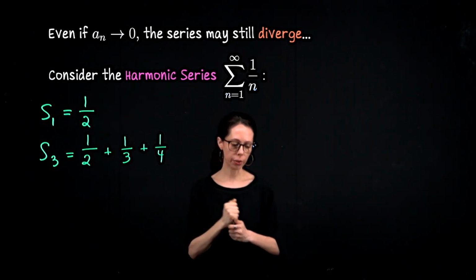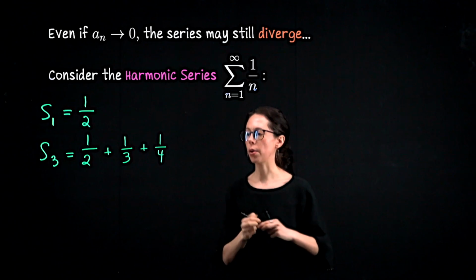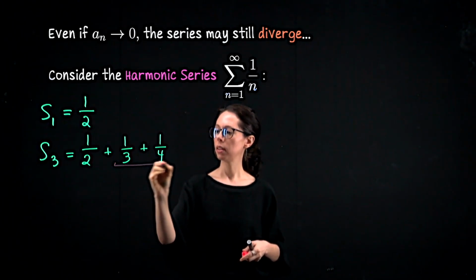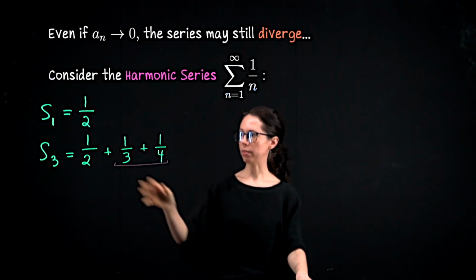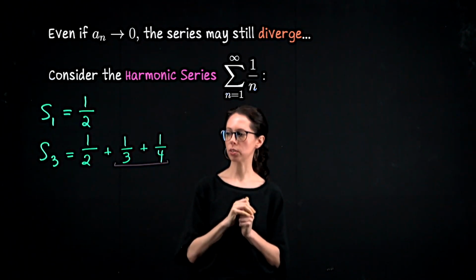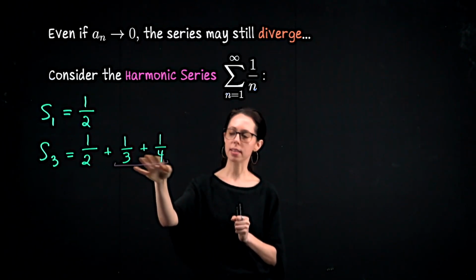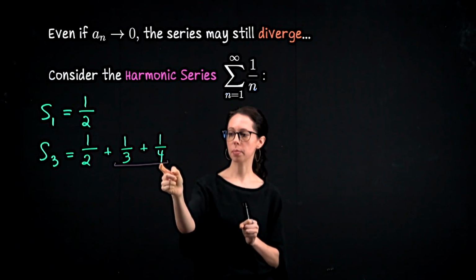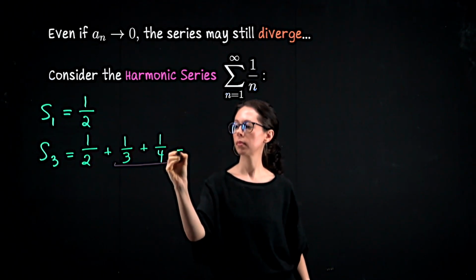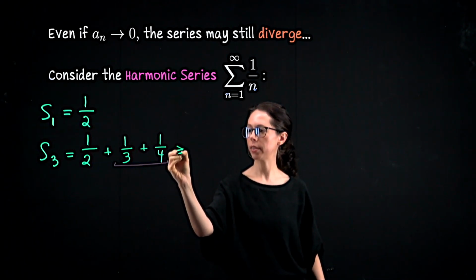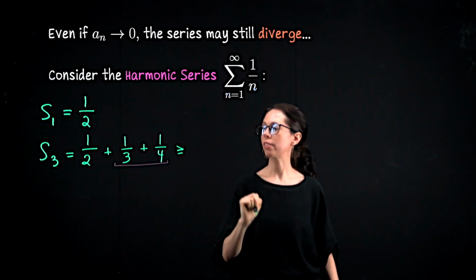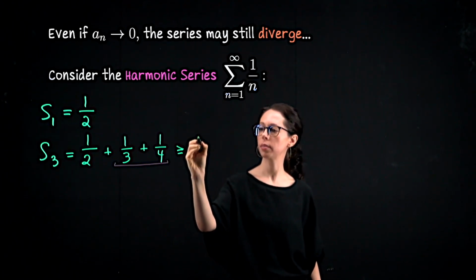S sub 3 would be the sum of the first 3 terms, so that's 1/2 plus 1/3 plus 1/4. What I'm going to do is leave 1/2 alone, but take both of these terms that we've added compared to the previous partial sum and lower them down, if necessary, to 1/4. So this is greater than or equal to 1/2 plus 1/4 plus 1/4.